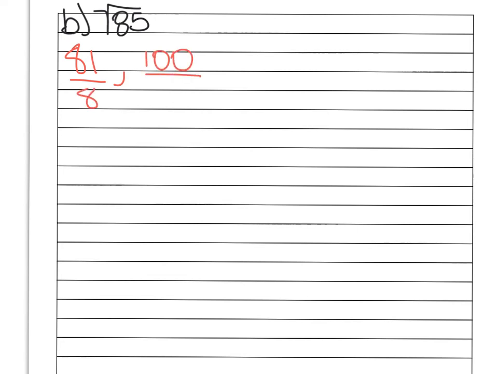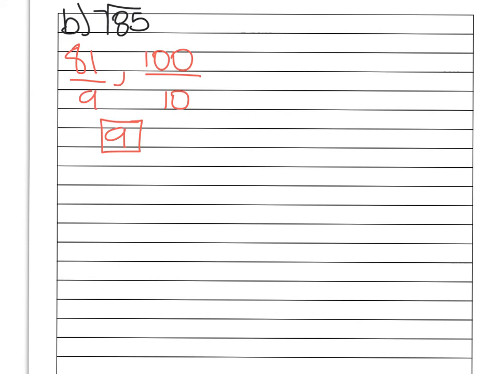So we're looking at the 9, because 9 times 9 is 81, and 10, because 10 times 10 is 100. Which is closer, 81 or 100, to 85? I would say 81 is closer, so I'm going to choose 9. So 9 is the number I'm going to be looking at.